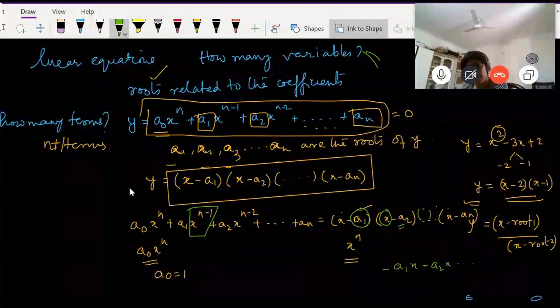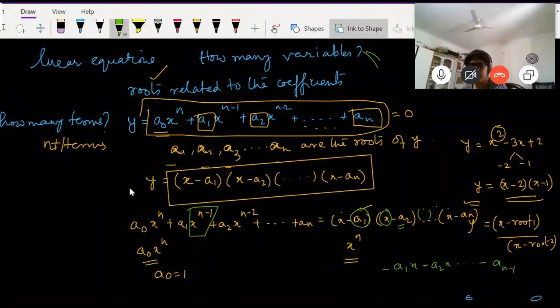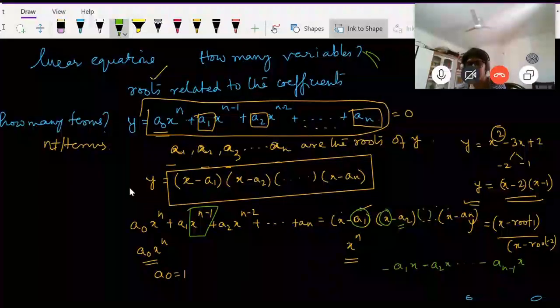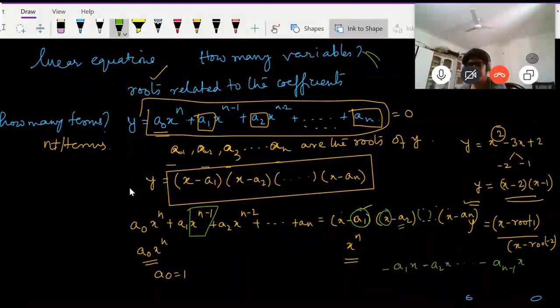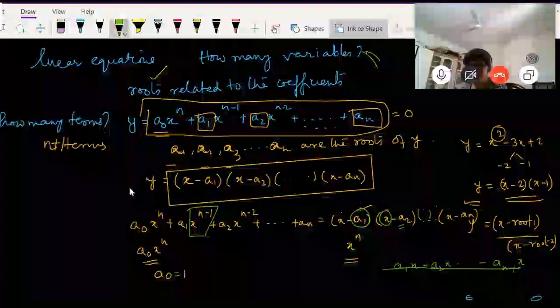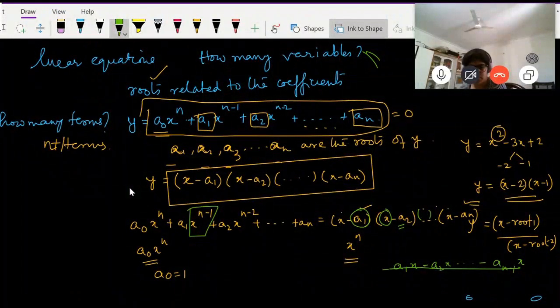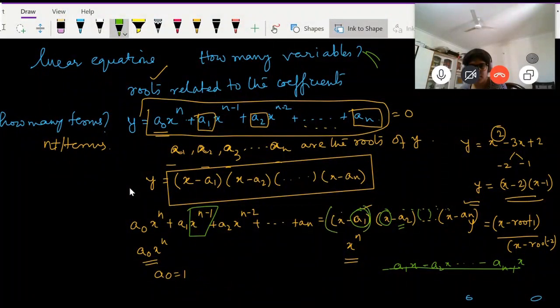And this will go on. So this will be up to minus a n minus 1 x, right? Correct? So, okay, sorry, my mistake. We are doing x to the power n minus 1. So x to the power n minus 1 would be when all these x terms are multiplied except the first one.